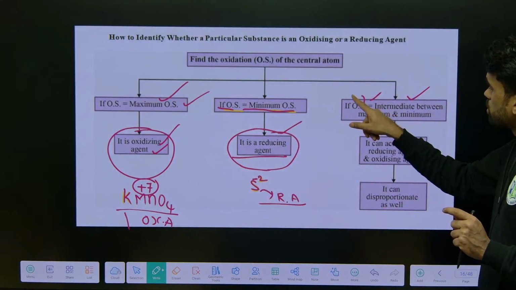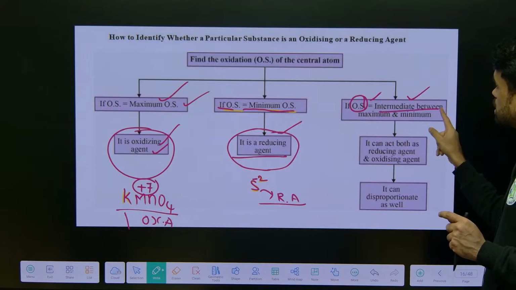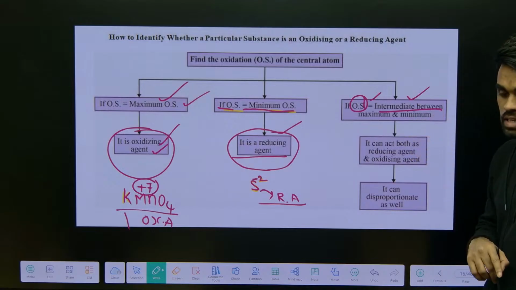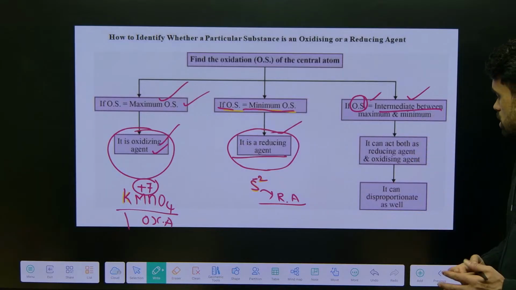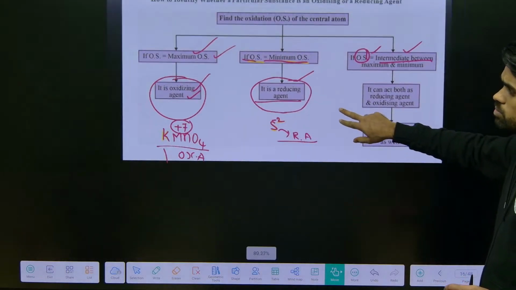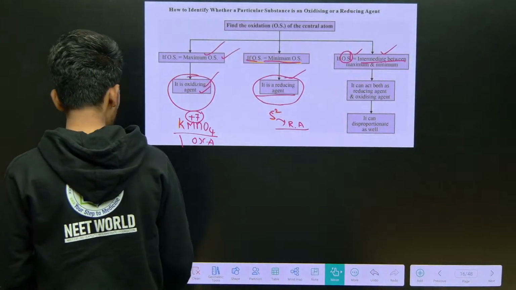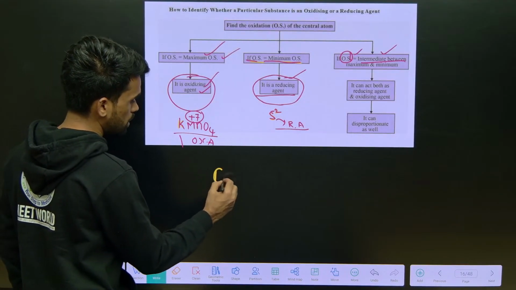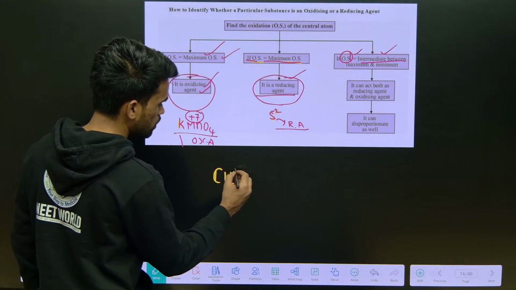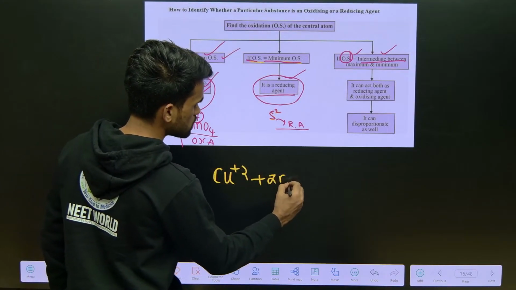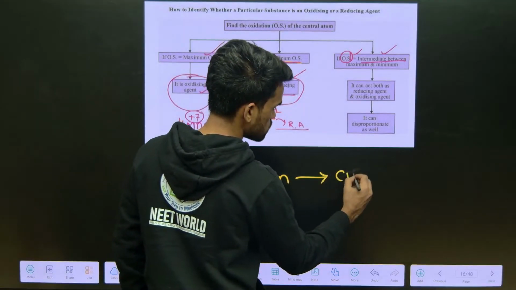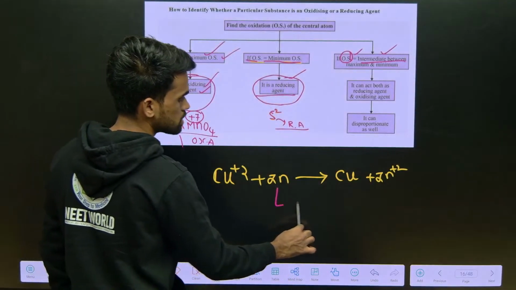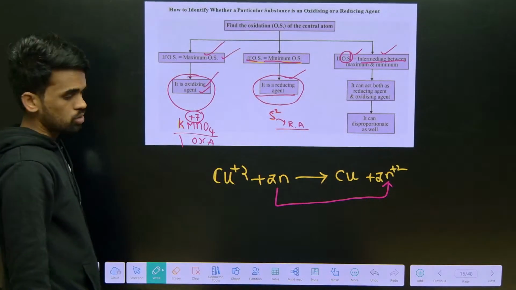But before that, if the oxidation state is intermediate, in between maximum and minimum, it has the ability to show both oxidizing agent nature as well as reducing agent nature. Now, when I say a species is undergoing oxidation, see for example this well known example: copper +2 plus zinc converts into copper plus Zn+2. Now what is happening here? Zn is converting into its oxidized form. So what is this process called?